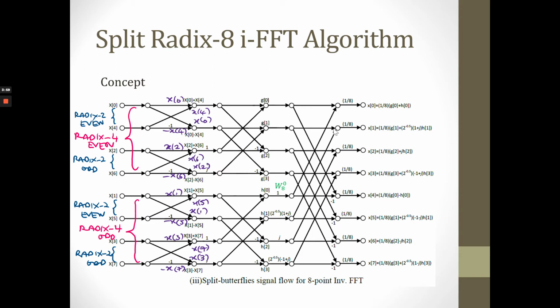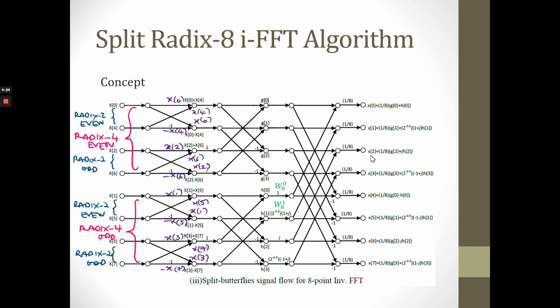So G1 at this point, plus this W1 function multiplied with H1, multiplied with 1 over 8. This is for x1: 1 over 8 multiplied with the summation, G1 plus W1 multiplied with H1.